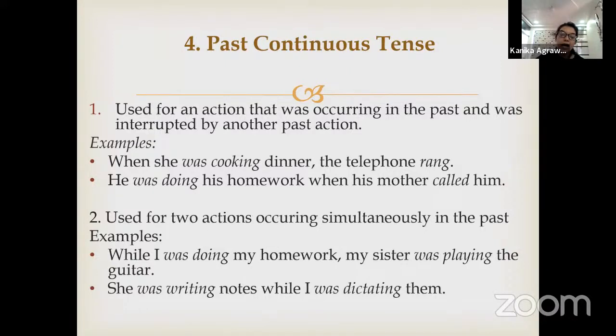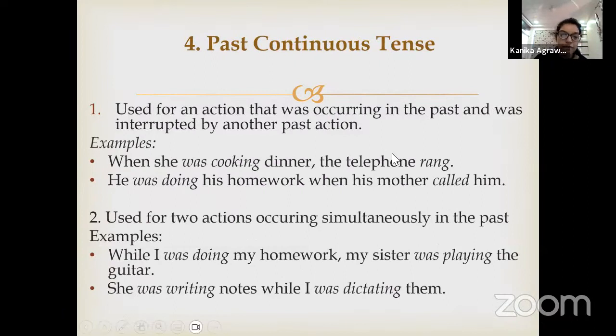Let's say while I was doing my homework, my sister was playing the guitar. She was writing notes while I was dictating them. While I was watching television, my mother was cooking food. Okay. So there are two examples of past continuous tense.